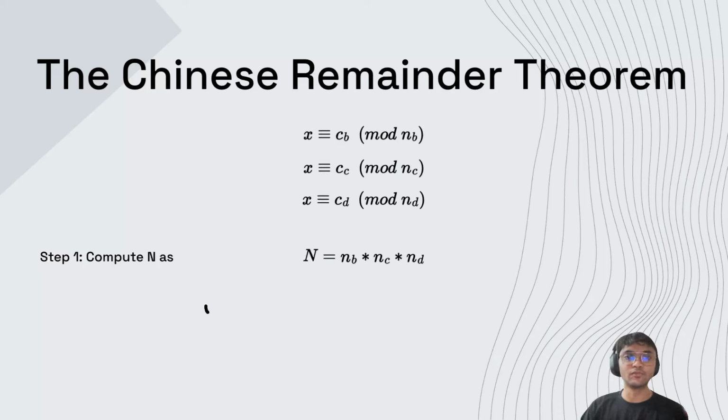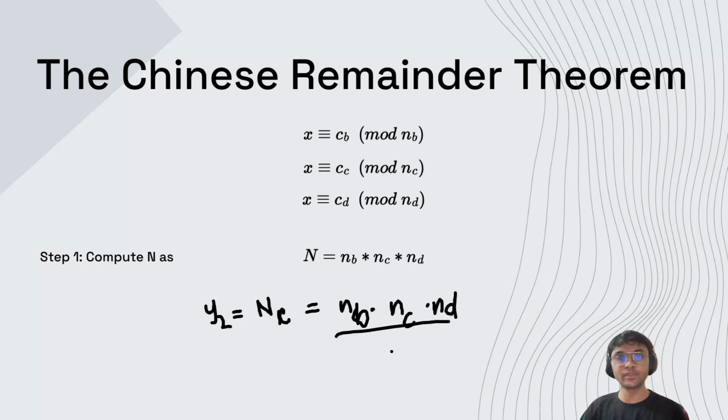Y2, which is also Nc, is nb times nc times nd over nc, and we are left with nb times nd.